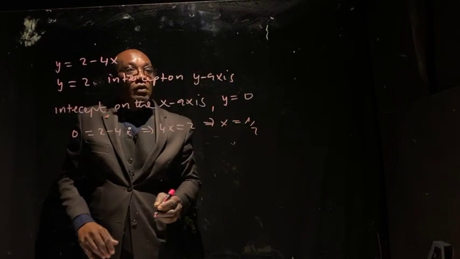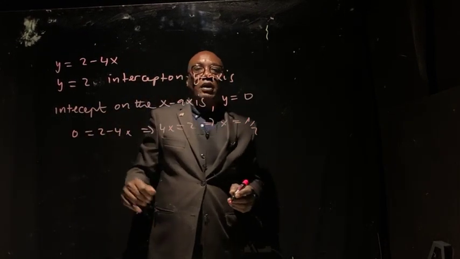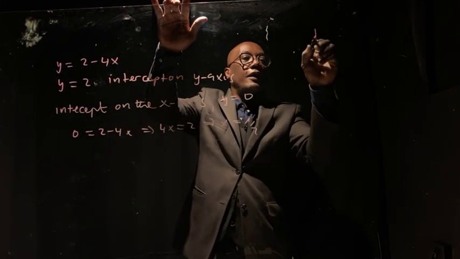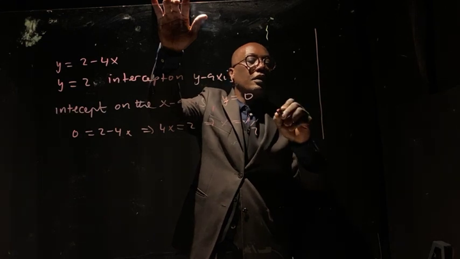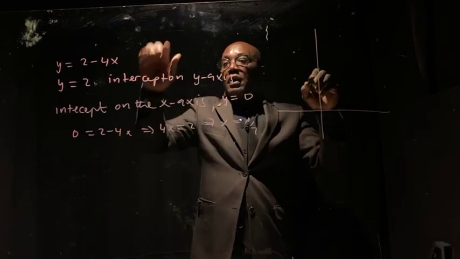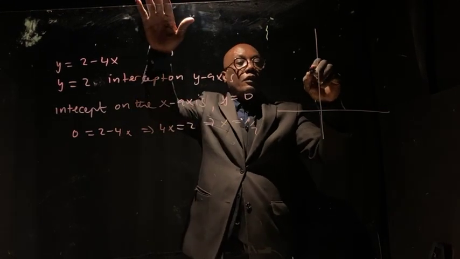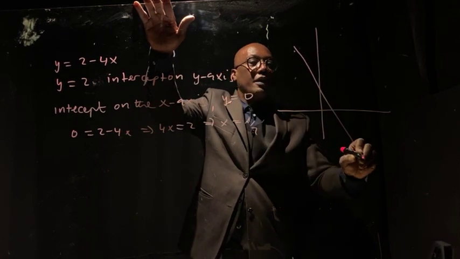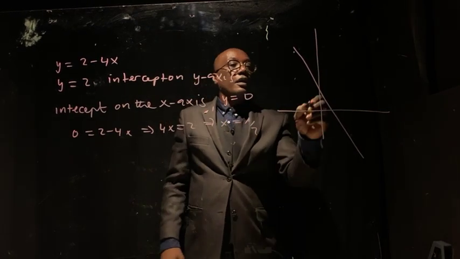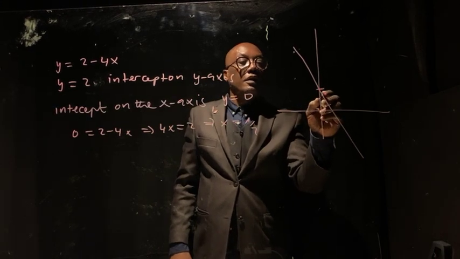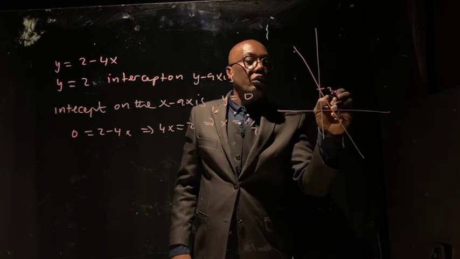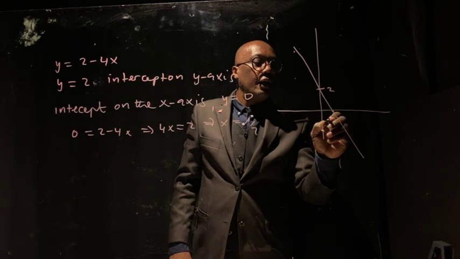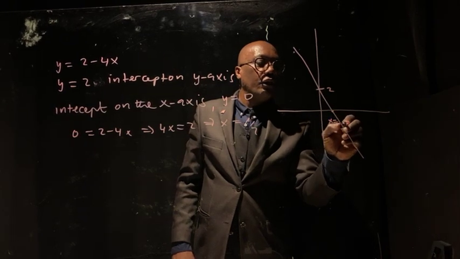So you can see that the graph we are talking about will be like this, and then it will be something like this. Here is y equals 2, and here x equals half.